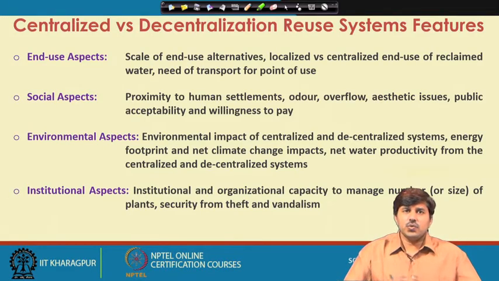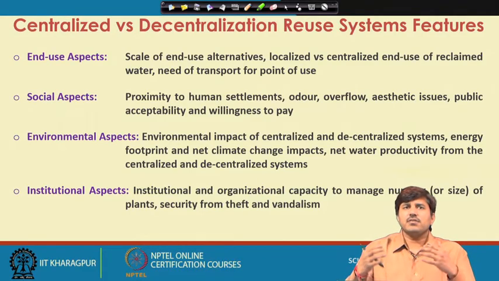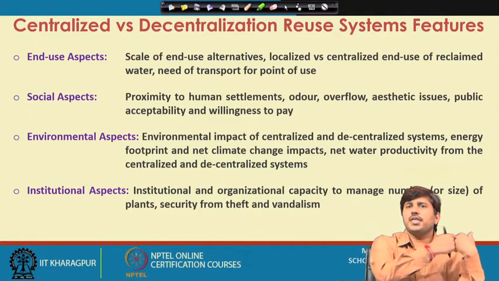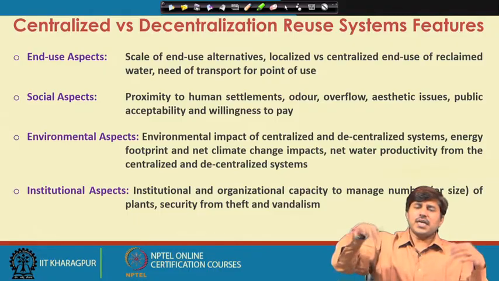Then there are various social aspects. So, proximity to the human settlements, because centralized systems are generally off-site management. The water is transported to some far off facility, and from there it passes through sewer lines.